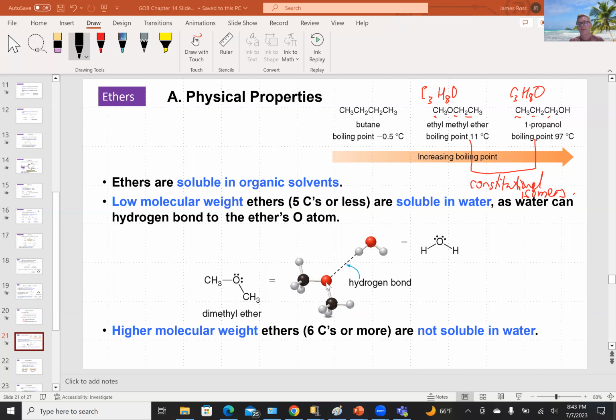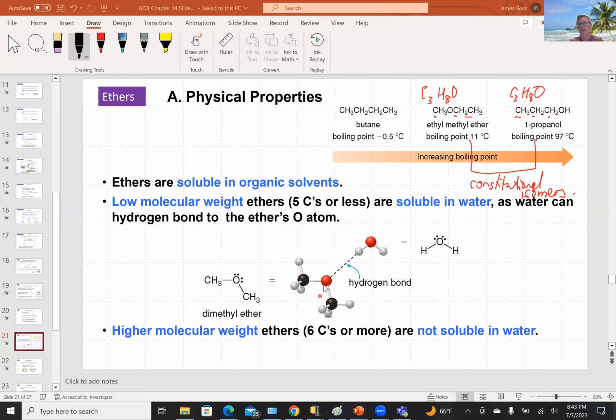But if you add an ether to water, water does have a hydrogen that's bonded to an oxygen. So this is a hydrogen capable of hydrogen bonding. It just needs an oxygen, fluorine, or nitrogen to hydrogen bond with. So it can find that in an ether. But now we're not looking at the physical property of the ether, we're looking at a solution of an ether. That's something totally different.